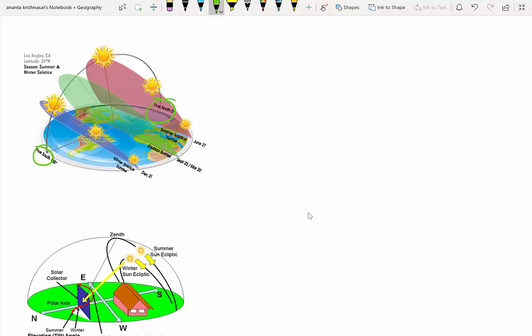On the basis of this, you find that the altitude of the Sun on the summer solstice or June solstice follows a particular path, on the day of equinox it follows another path, and on the day of winter solstice it again follows a particular path.